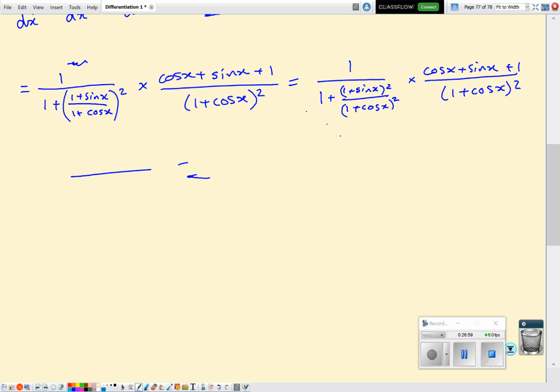Right. The reason why I've done that is because it's similar to something I did in one of the earlier examples. What I'm going to do is combine the denominator there into one term.